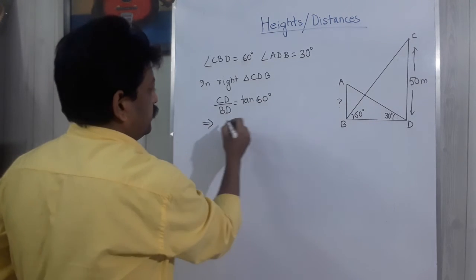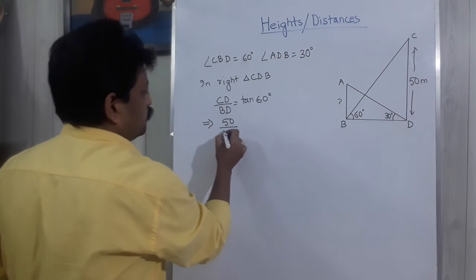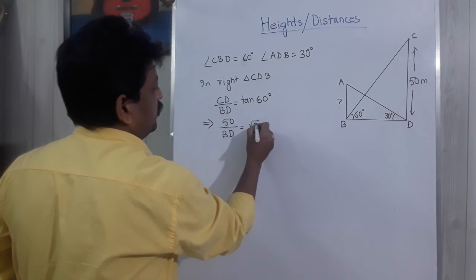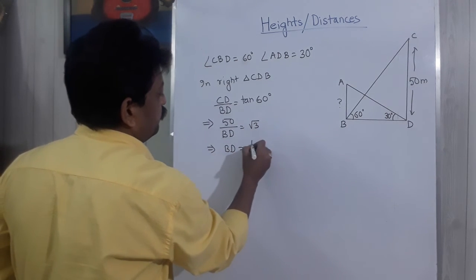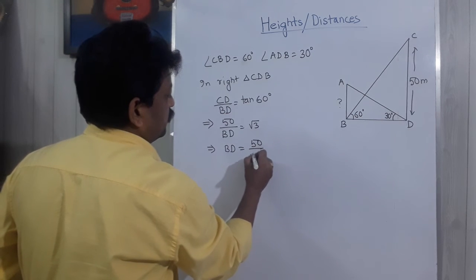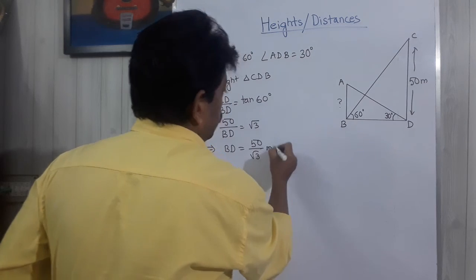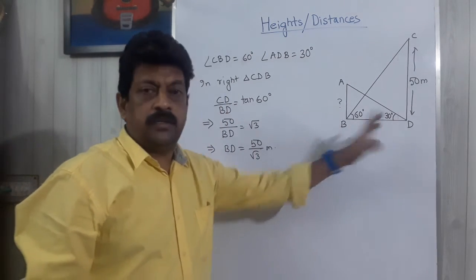CD is known, it is 50 meter. BD we don't know, so it will remain as it is, and tan 60 is root 3. So here BD is equal to 50 upon root 3. So we got the base of the triangle CDB as well as the triangle ABD.